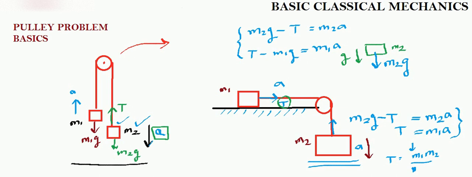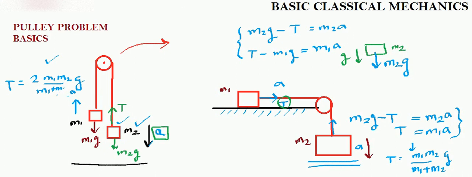Now an interesting thing. You remember what the tension was in our last example? The tension in that example was twice m1 m2 divided by m1 plus m2, times g. There was a number 2 apart from m1 m2 divided by m1 plus m2 g. Agreed? Now look at this interesting thing.